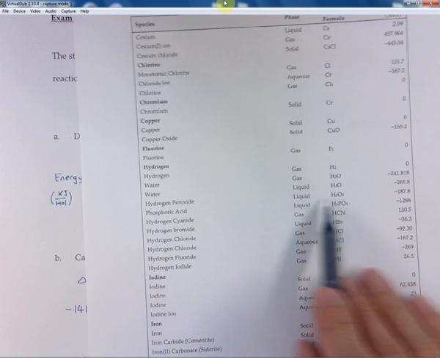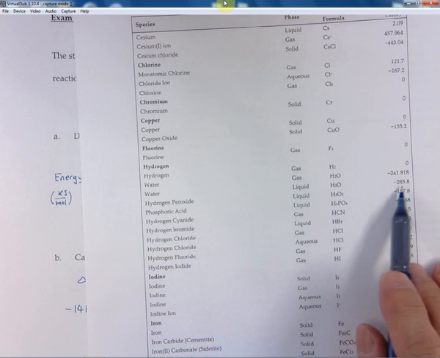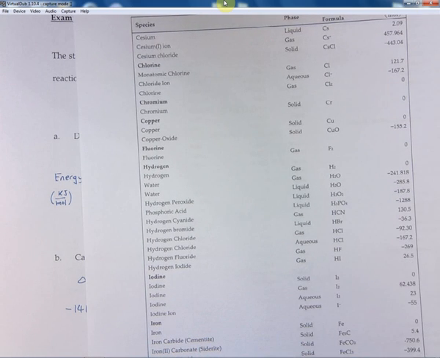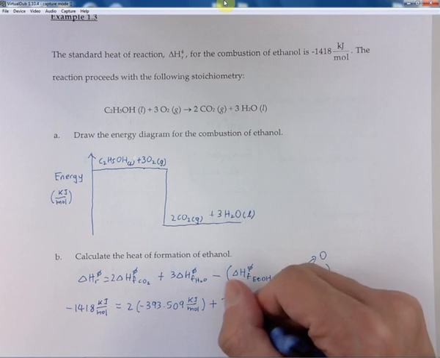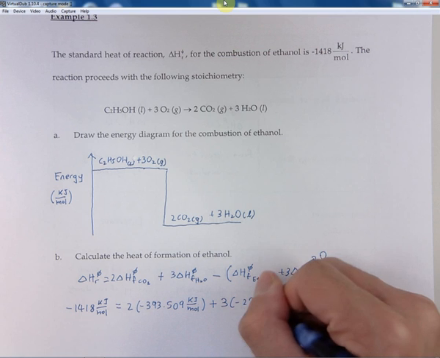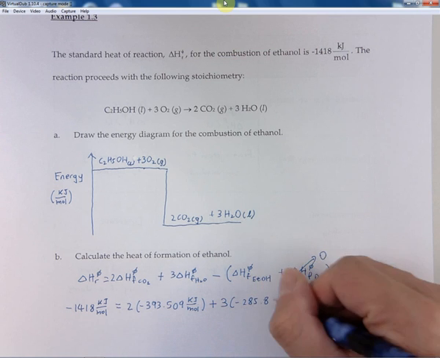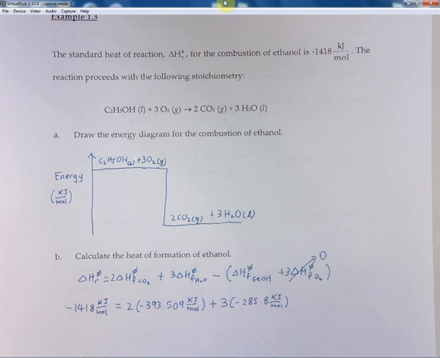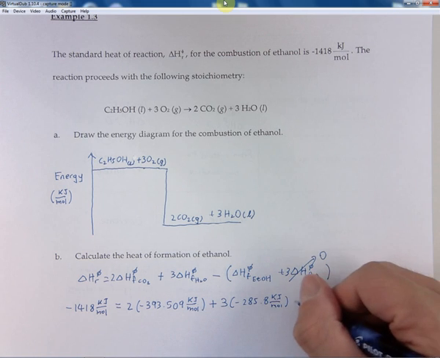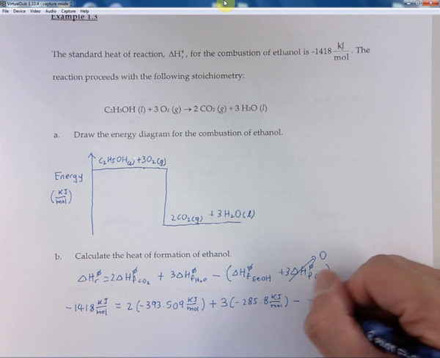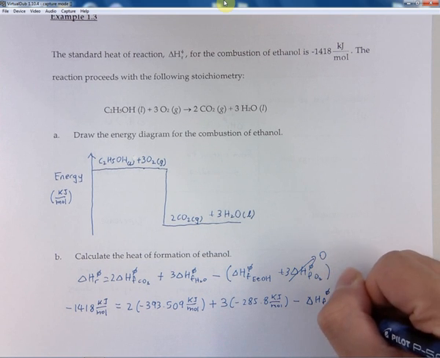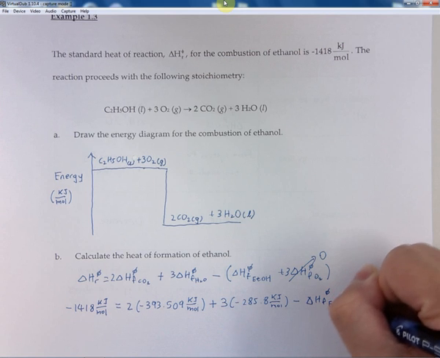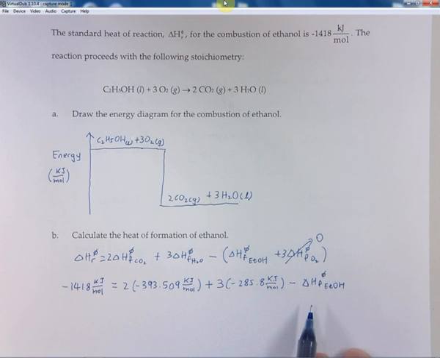The heat of formation of liquid water is negative 285.8. And we minus off the heat of formation of ethanol, which is the one that we are supposed to find.